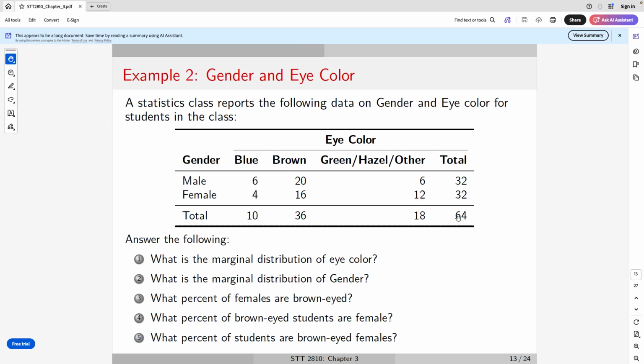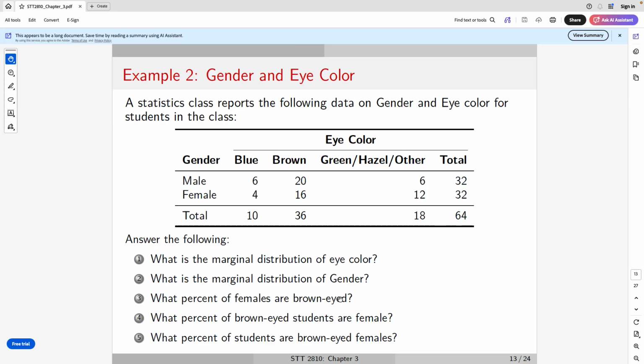The other thing we want to answer is what percent of females are brown-eyed? Anybody to help us with that? 50?